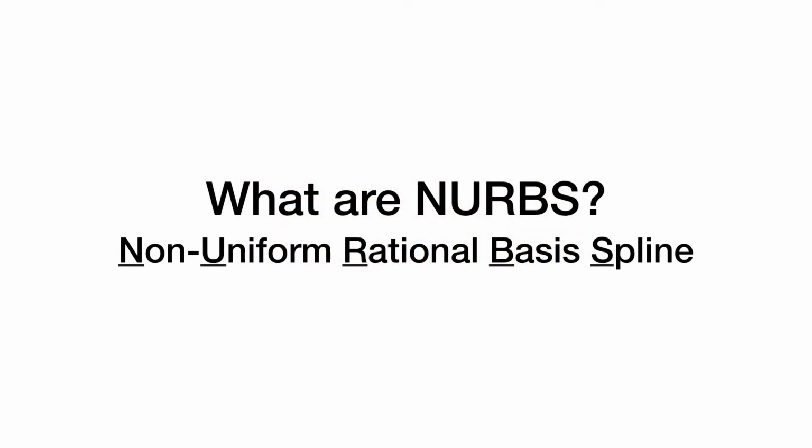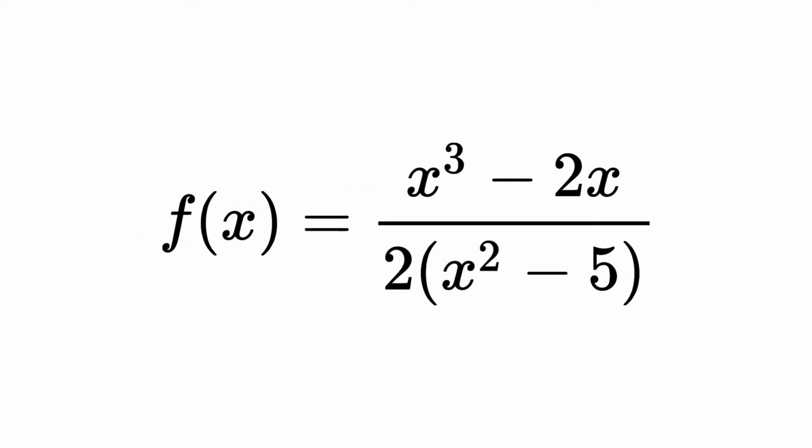So rational. This is a bit of an oversimplification, but a NURBS curve is made up of a bunch of rational polynomial equations. So this is an example of a rational equation. There's x to the third power minus 2x, and there's an x squared in there. If you remember your algebra class, if we have an equation of x's and y's and powers, we can draw things like a line or a circle or an ellipse.